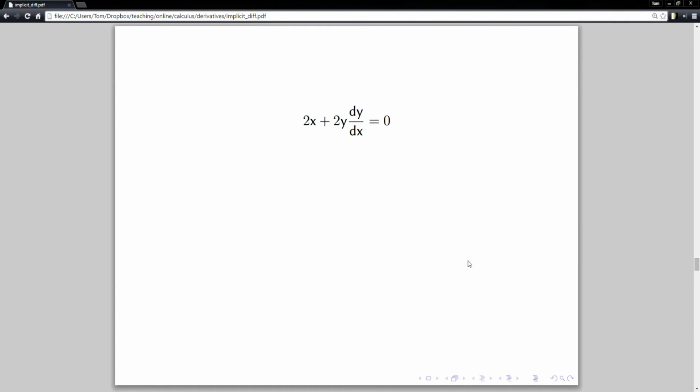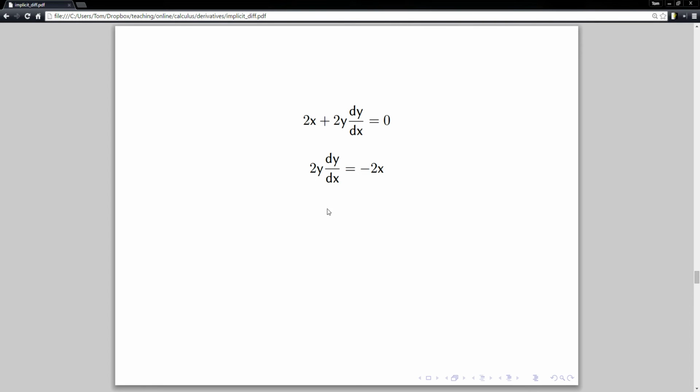All right, so that's the equation that we got after we took the derivative. In some of these problems, all you need to do is solve for dy dx and get a formula for the derivative here. So let's go ahead and do that. What we would do is subtract 2x from both sides. Our goal is to get the dy dx by itself on one side.